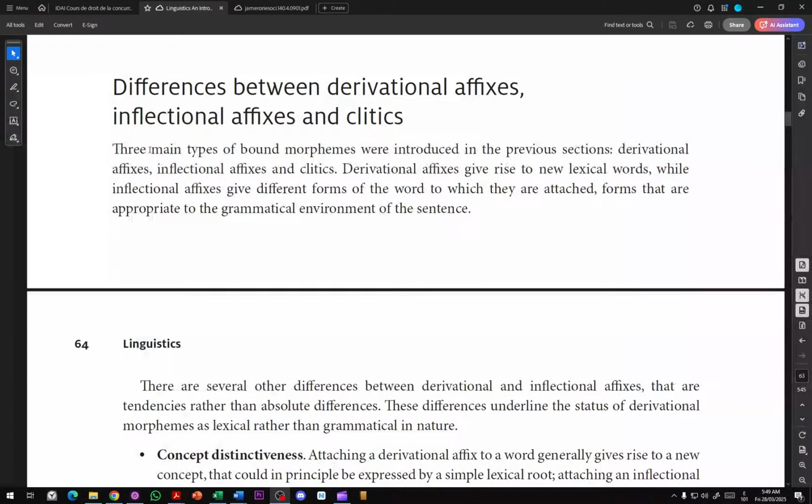He says 3 main types of bound morphemes were introduced in the previous sections. Derivational affixes give rise to new lexical words, while inflectional affixes give different forms of the word to which they are attached, forms that are appropriate to the grammatical environment of the sentence.